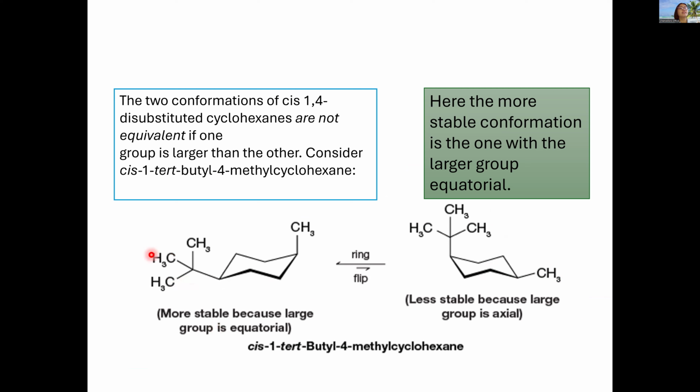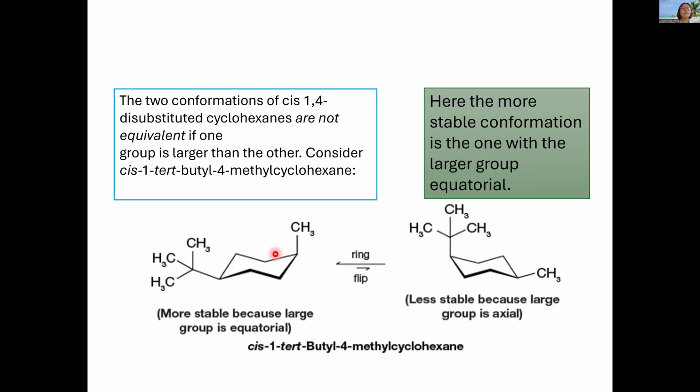We can predict that this one is actually the more stable because there is less repulsion brought by these bulky groups to the other atoms. If you have this in the axial, there is a greater repulsion with the other neighboring atoms.